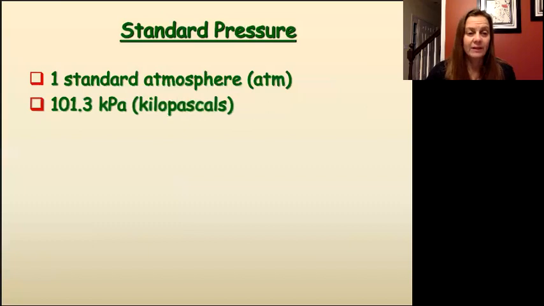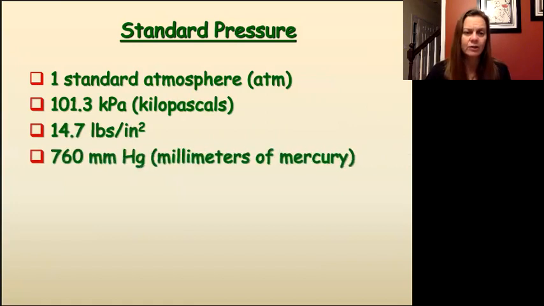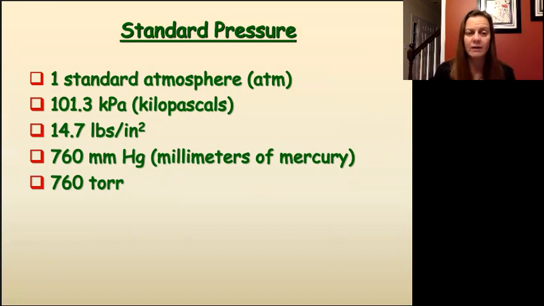The equivalent in kilopascals is 101.3. It's 14.7 psi or pounds per square inch, 760 millimeters of mercury or 760 torr. These values are all the same. So these can be used as conversion factors. These are also all ways of expressing standard pressure.